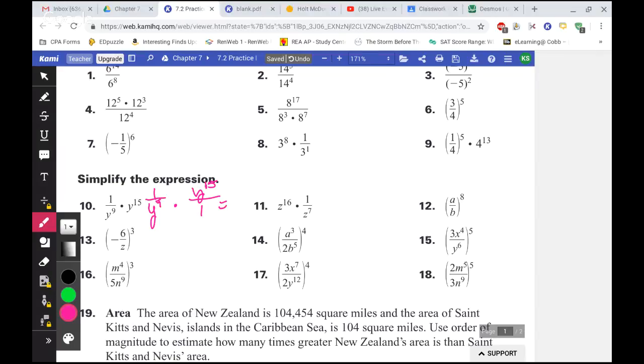Because when you put any number over 1, it's now written as a fraction but has not changed the value at all. So now we have y to the 15th over y to the 9th, which really then you use the quotient property, 15 minus 9. So that gives me y to the 6th as my answer.